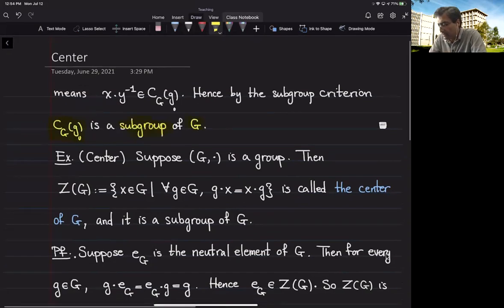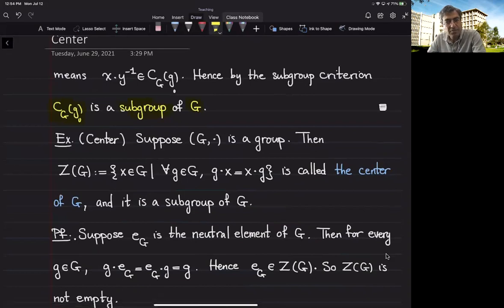Next, we define the center of a group. So I give you a group G, let's say with operation dot. Then the center of the group means all the elements of the group that commute with every element of the group. So in the centralizer, I'm fixing G naught and I'm asking what are the elements that commute with this G naught. In the center, I pick an arbitrary element of the group and I still need to commute with it.